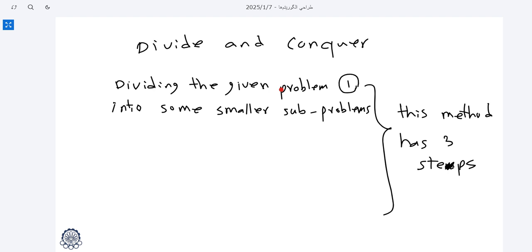So the problem is divided into some smaller problems.